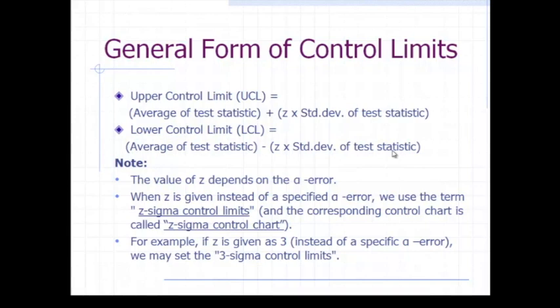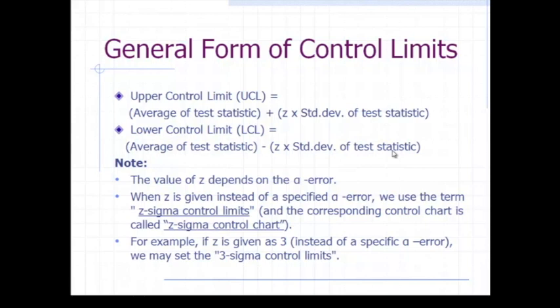Also note that the value of z depends on the alpha error. I mentioned before that alpha error could be different, and as a tester, you have to set up this alpha error. If you change the alpha error, the z value will change.